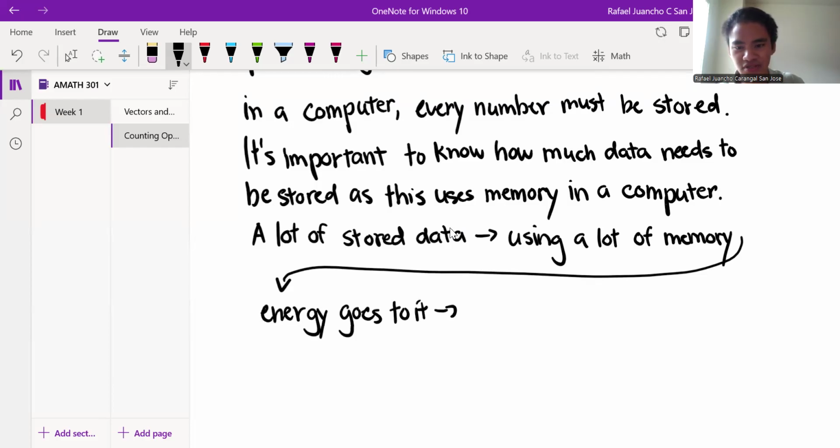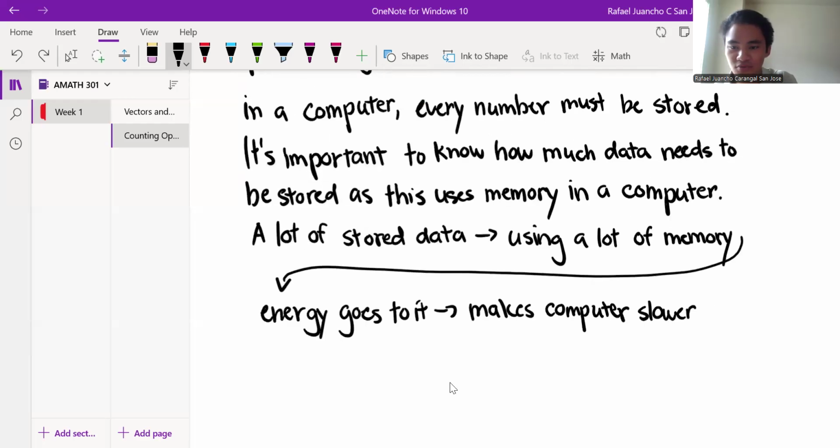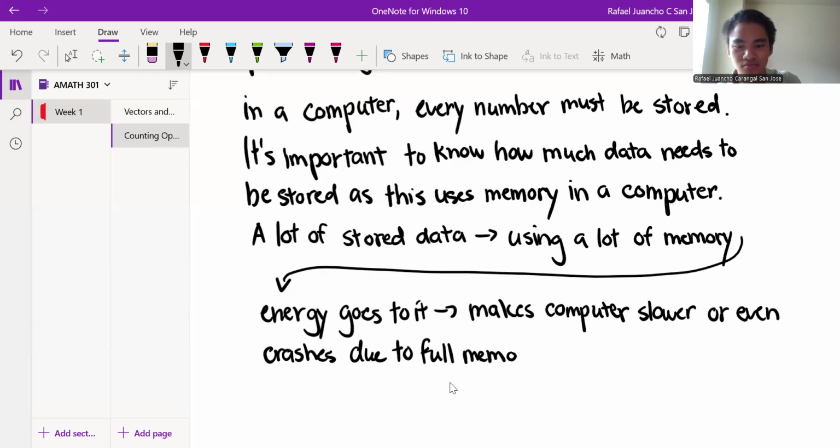And if energy goes to it, then it makes the computer slow, right? Either it makes it slow or it even crashes because of the memory being full, right? Or we used up too much memory.